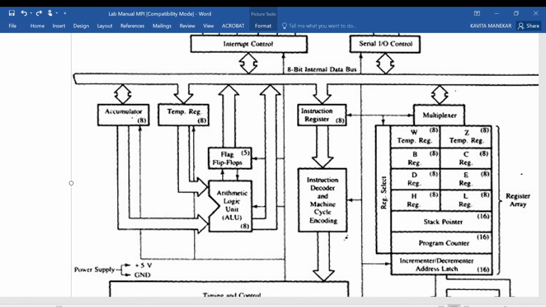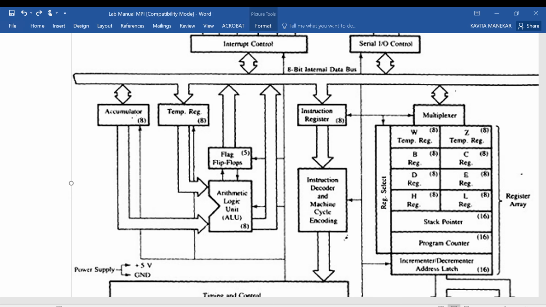Now there is one more temporary register which is used by the ALU, that is the arithmetic and logic unit. The next part is the flag register, which contains 5 flip-flops and is connected to the ALU. What is the flag? The flag is nothing but a register.